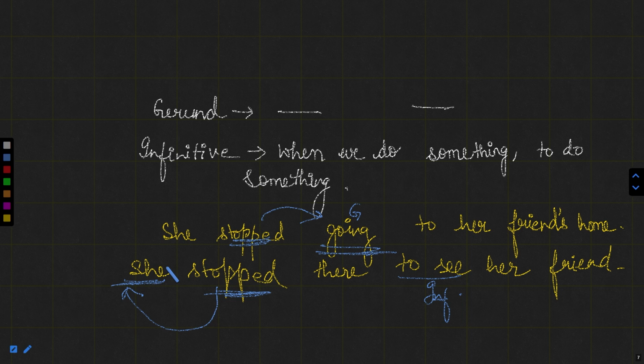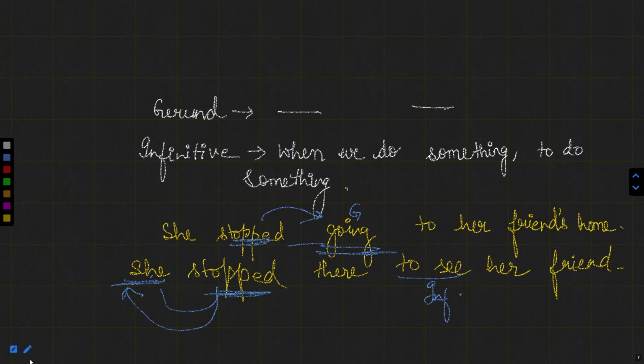She paused her walking there. But if I say she stopped going, it means her going and coming from there has been stopped. So the stopped in the above sentence is used for going, and this stopped is used for this person only. So this is how we use infinitive and gerund after some verbs.